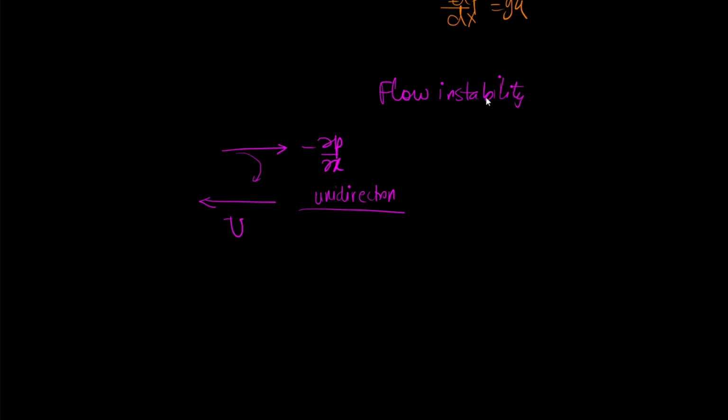Flow instability is something in which you have a flow configuration, but the flow configuration is unstable to certain disturbances. I say certain disturbances because it is not unstable to all disturbances. It is unstable to disturbances of a certain wavelength or a certain frequency.